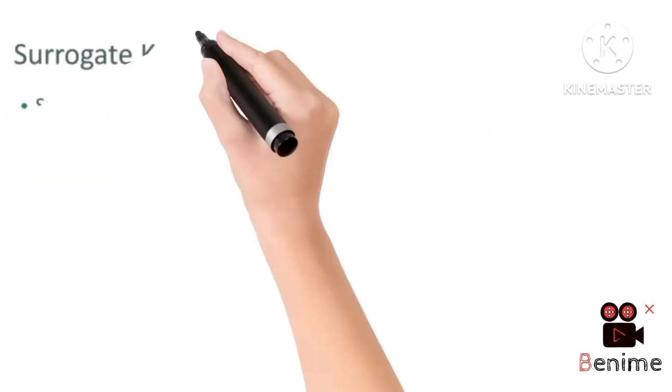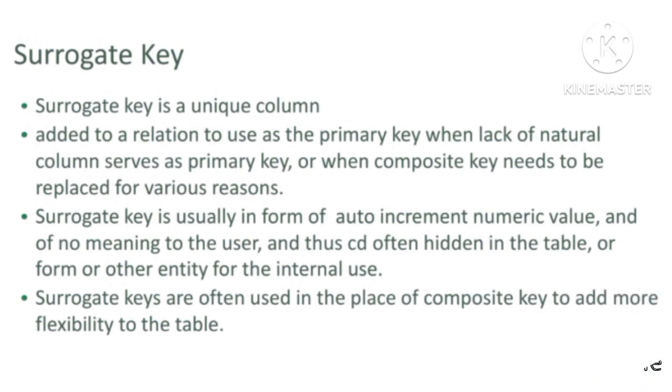Now, moving forward, we are going to be looking at the surrogate key. A surrogate key is a unique column added to a relation to use as the primary key when a natural column that can serve as primary key is lacking, or when the composite key needs to be replaced for various reasons.